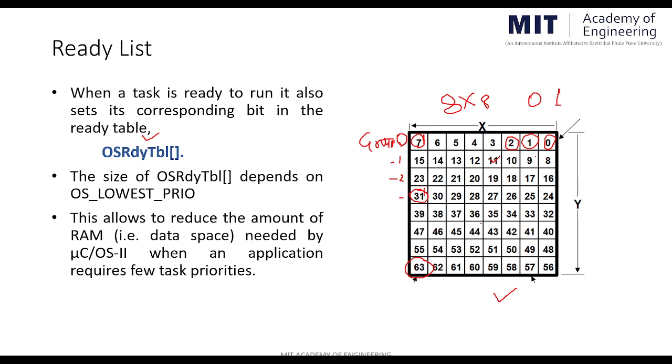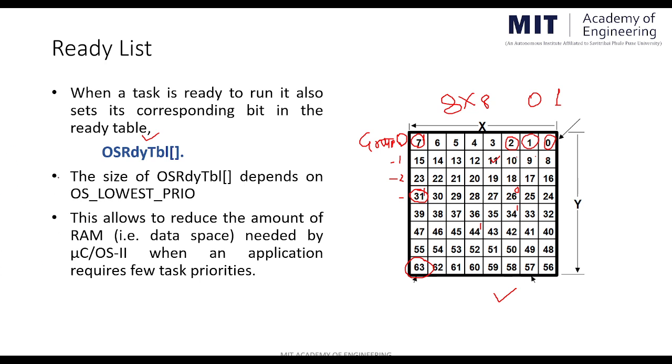If this particular bit has value 1, then the task with priority 44 is ready to run. In this way, these bits hold values of either 0 or 1. If the value is 0, the task is not ready to run, and if the value is 1, the task of that particular priority is ready to run. So every bit of this OSRdyTbl can hold only the value 0 or 1.